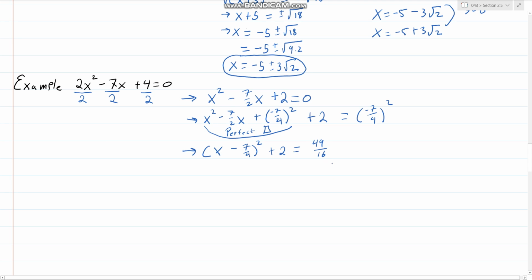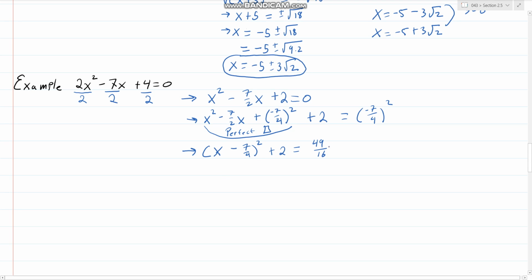Believe it or not, we're actually getting close to how we can solve this, because now we're going to be able to move that 2 to the other side, and then we're going to be able to actually solve for this x.